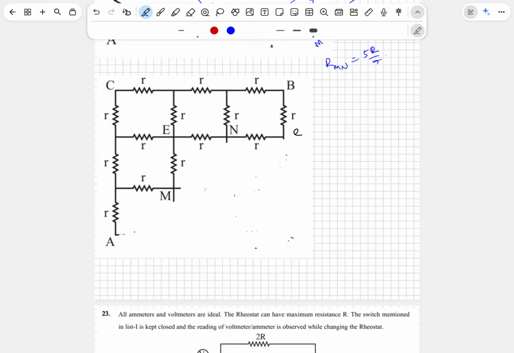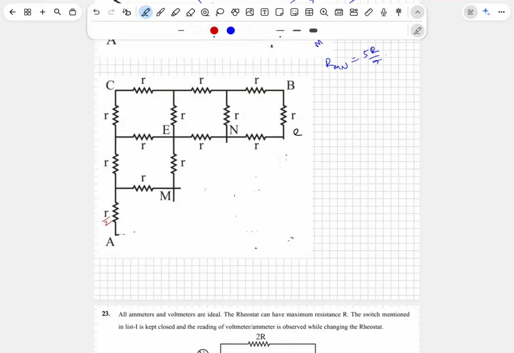Go ahead. Now tell me A and M. First, what to do? A and M, okay, R by 2, before we start, we will conclude.